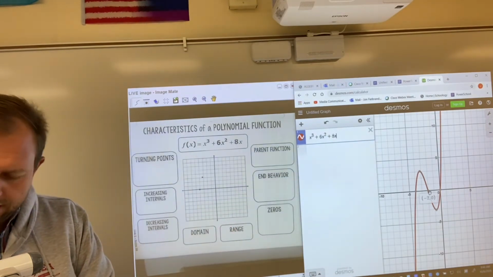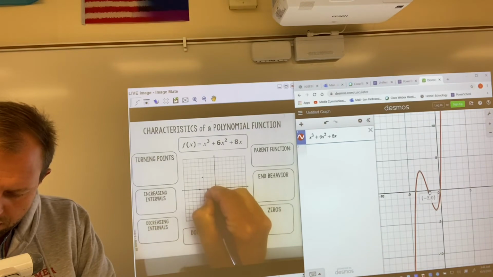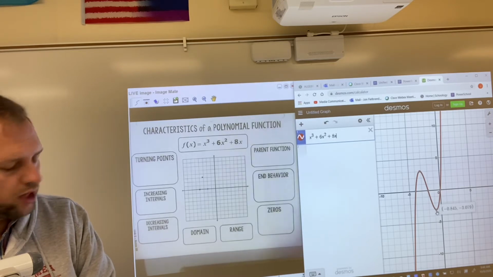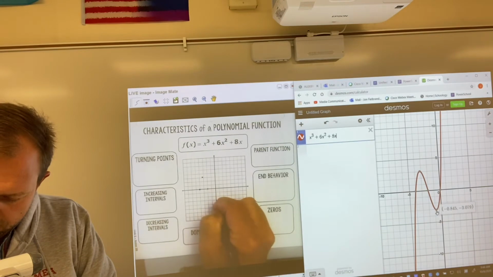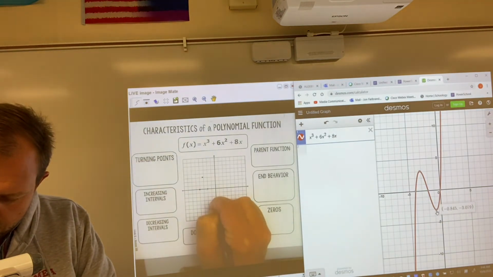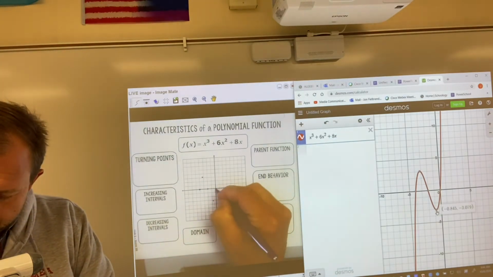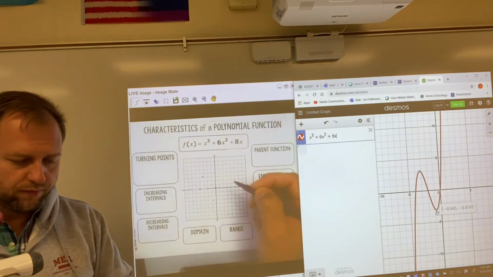We have an intercept at -2. We have our relative minimum at just below -3 down and just shy of -1. And we have another crossing the x-axis at 0, 0.